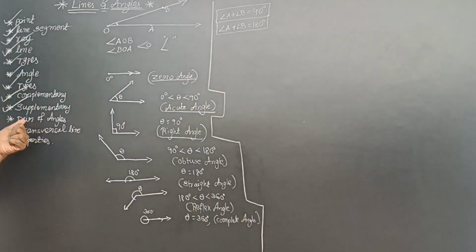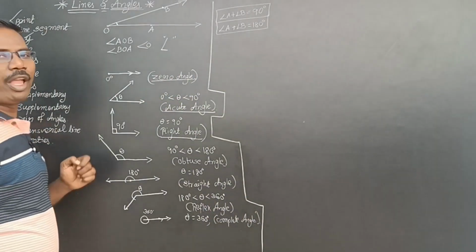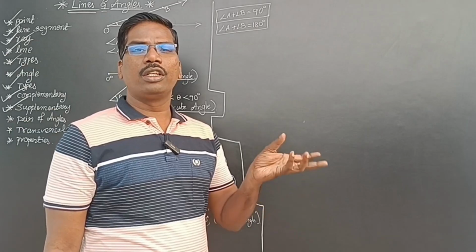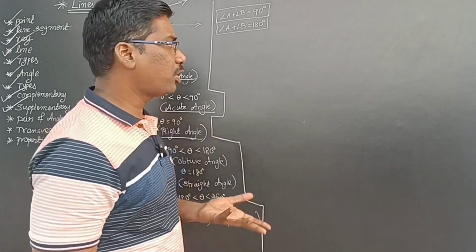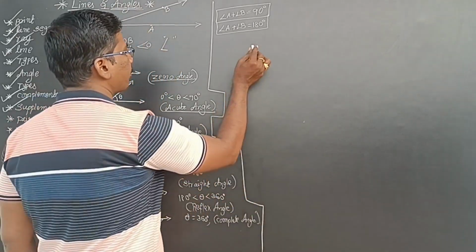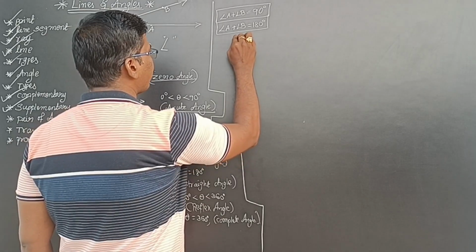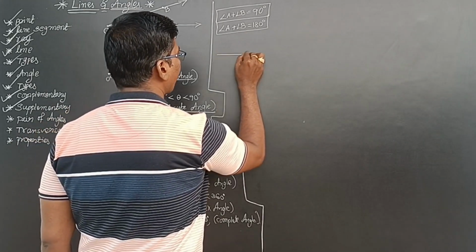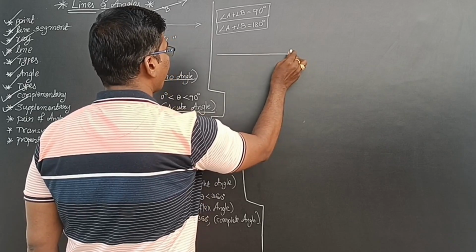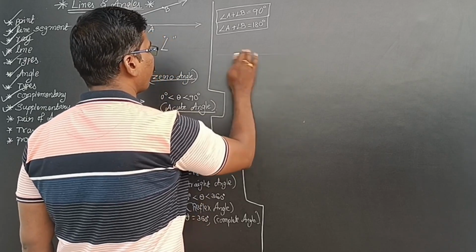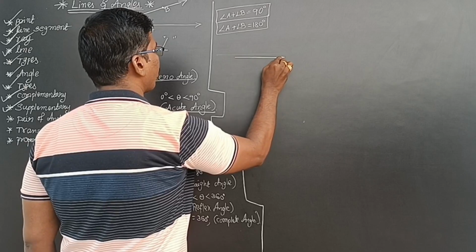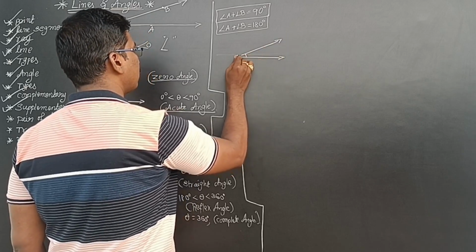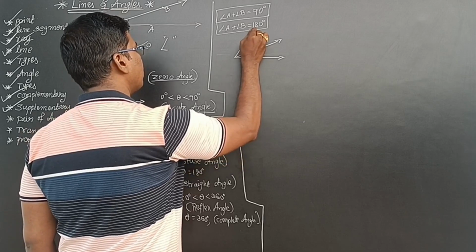Next, pair of angles. Pair of angles means we are taking two angles separately, and there are some types with names. Let us see. I am taking one angle like this, and one more angle like this.